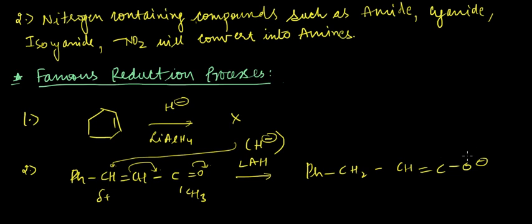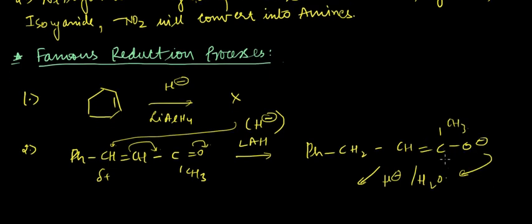Okay, next what will happen is again H minus will react, and we have some water molecule also. So this O minus will take H from the water molecule. Similarly, this carbon atom would be having negative charge because H minus would come and attack over here, so it will take H plus from the water molecule. So in the end we'll be getting a reduced compound, something like this as the final product.